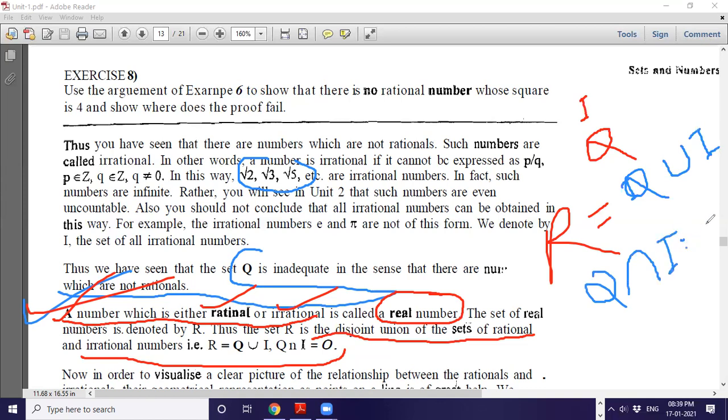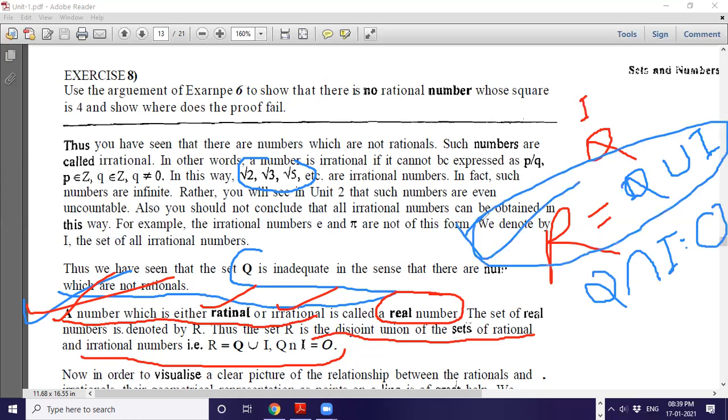Null or void, because there is nothing common between them. So please first note down this fact, how we are defining these real numbers. The set of real numbers, denoted by capital R, is the disjoint union of the set of rational numbers and irrational numbers.